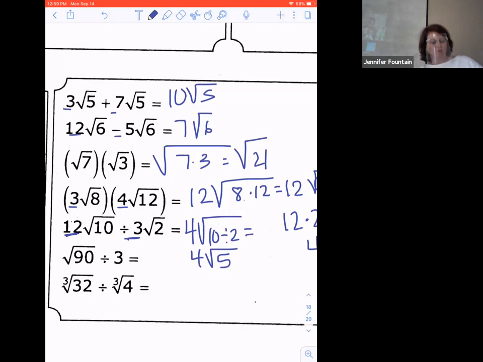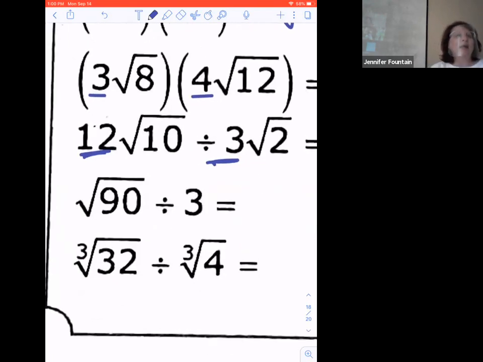All right, let's look at the next one. I have 90 divided by 3. So you remember we talked about how when I divide radicals, my indexes have to be the same, okay? So I have the square root of 90 divided by a whole number 3.